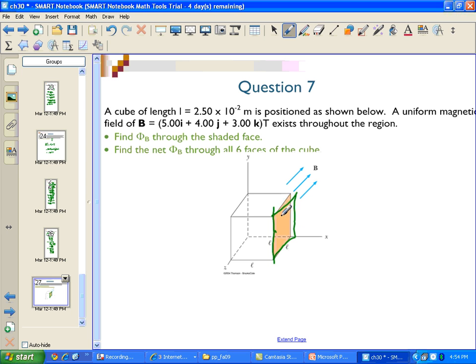Well, let's begin with A, and let's notice that to calculate the magnetic flux, we need the dot product, the scalar product of B and A. And what that means is that we need the area normal, which in this face points in the i hat direction, so the vector A is L squared i hat.